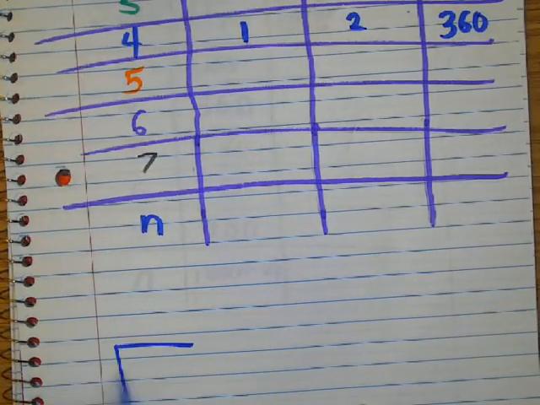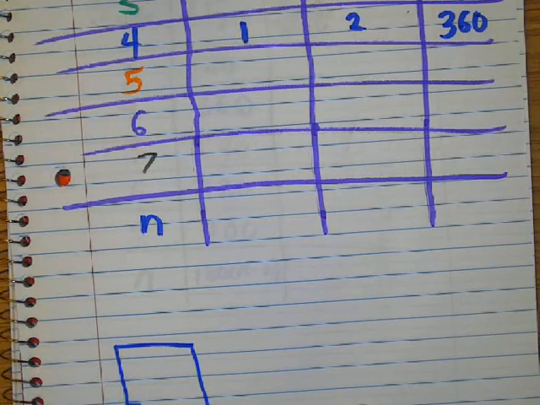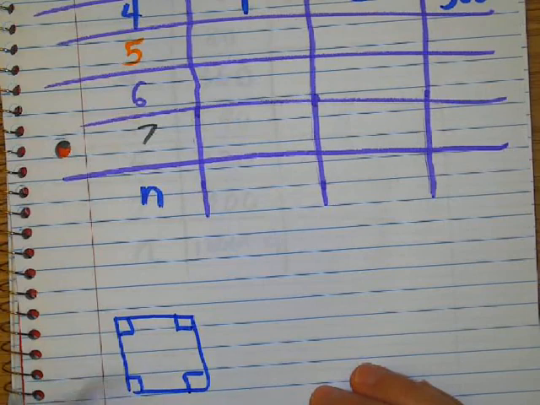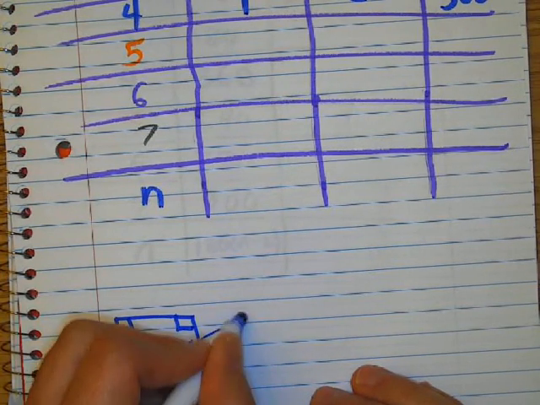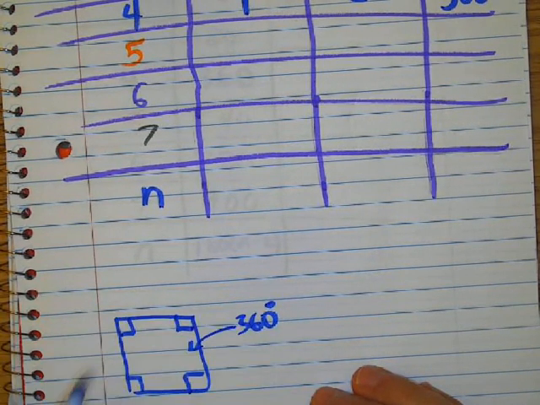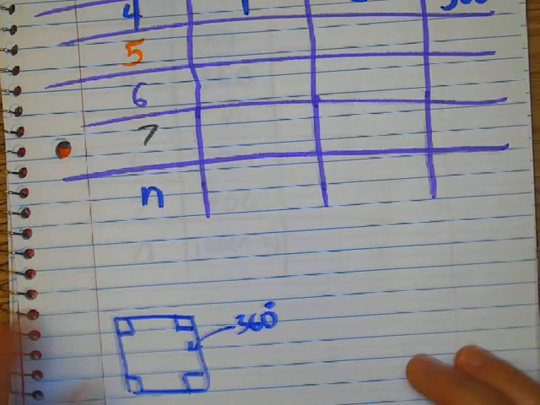I could do an example. If I've got a square, this is 90, 90, 90, 90, and 4 times 90 is 360, right? The sum of the interior angles.